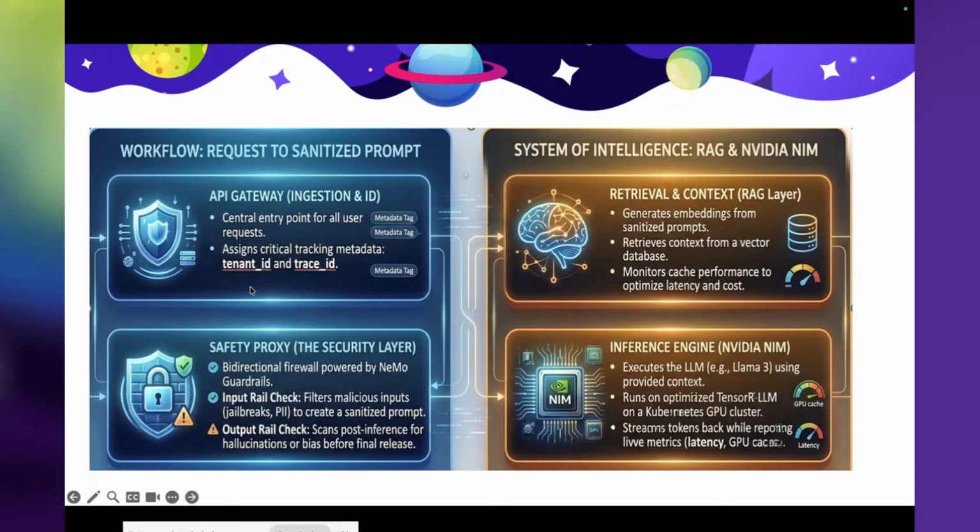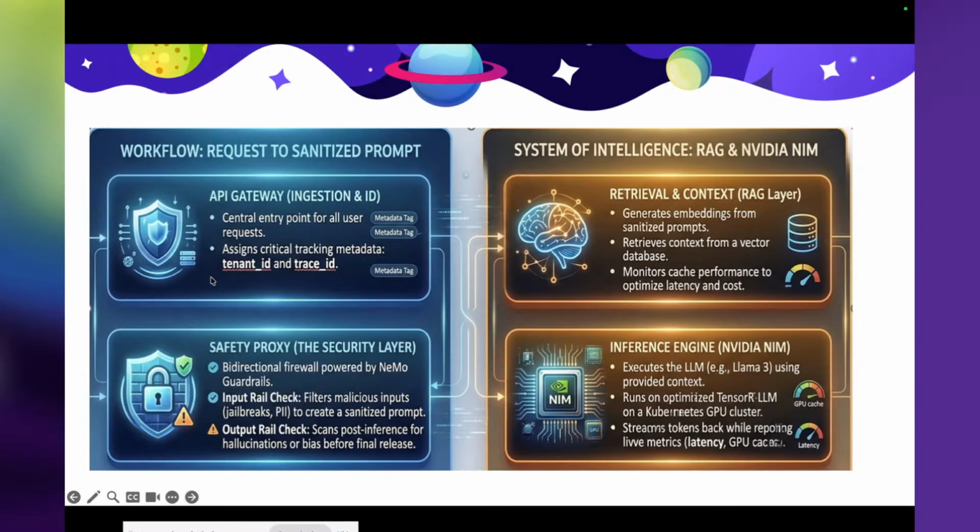The safety proxy on the left, we intentionally isolated it, along with the NeMo guardrails, from the inference engine. Think of the guardrails like your security checkpoint. Every request here is checked before it goes in, and every response is also checked before it comes out.